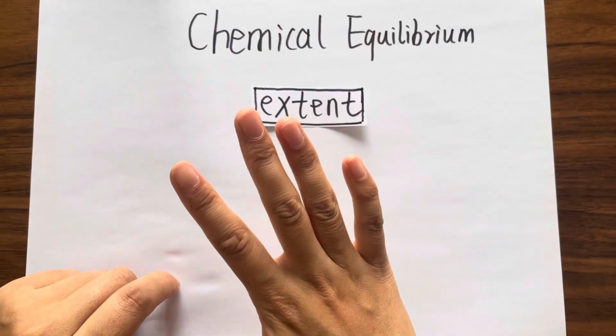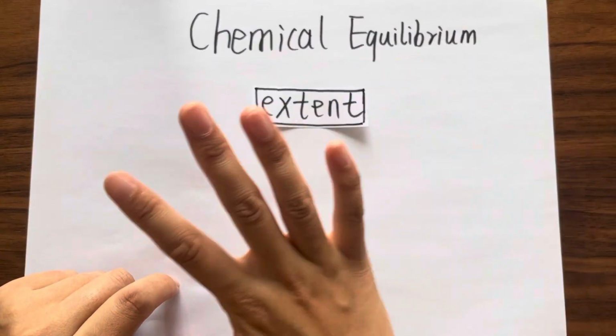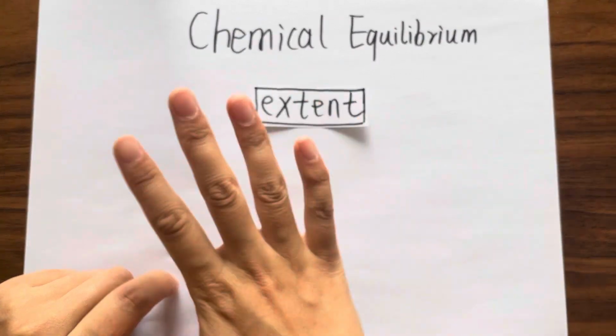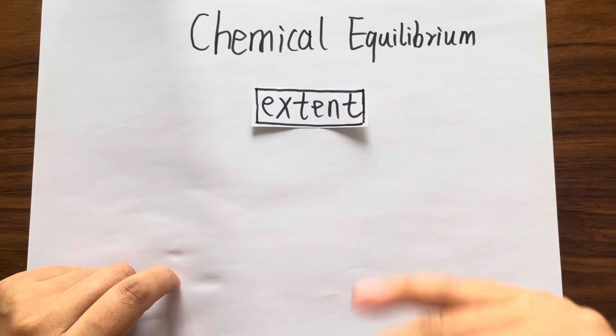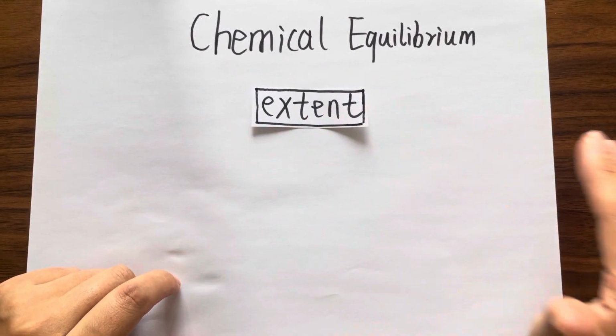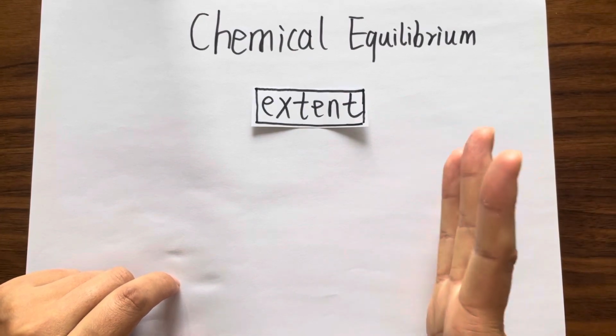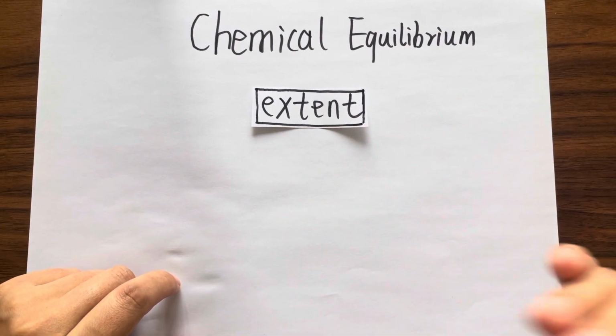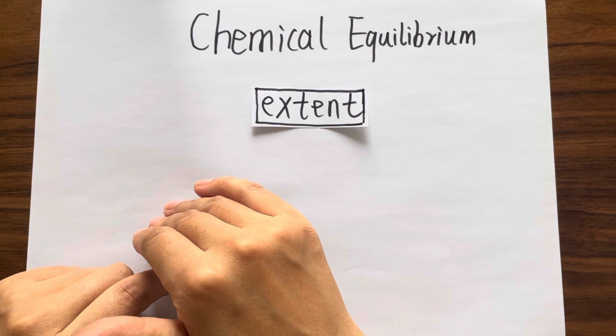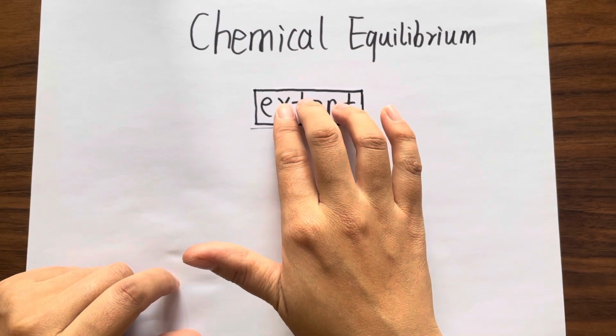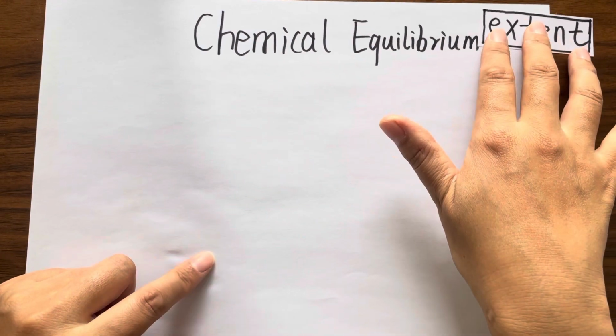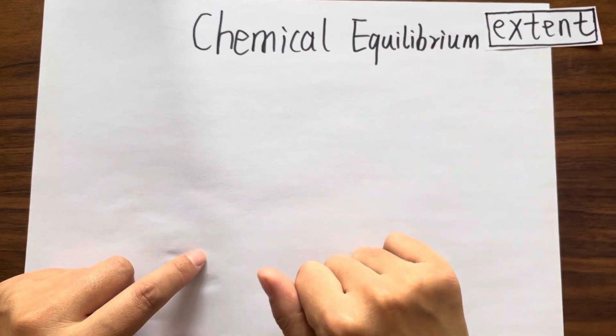But actually, all reactions are reversible, which means that during the process, reactants form products, and the products at the same time may go back to form reactants. So chemical equilibrium just talks about the extent of a chemical reaction.